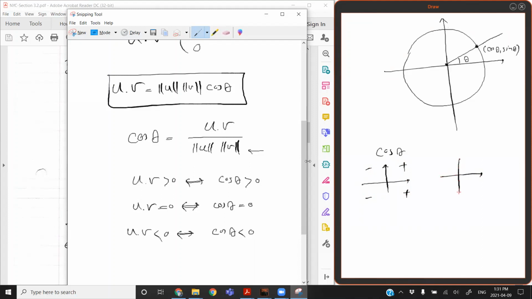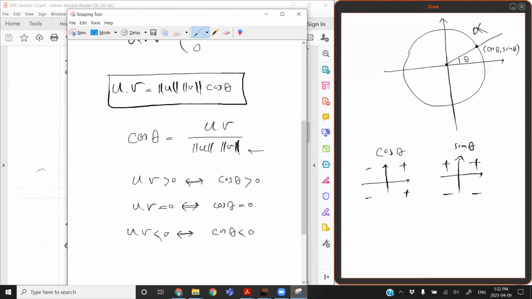And if I'm talking about sine of theta, since sine theta is the y coordinate, it's going to be positive in these two quadrants and negative in these two other quadrants. So now, if the dot product is positive, then cosine is positive. And if cosine is positive, it means that the angle is going to be here in the first quadrant.